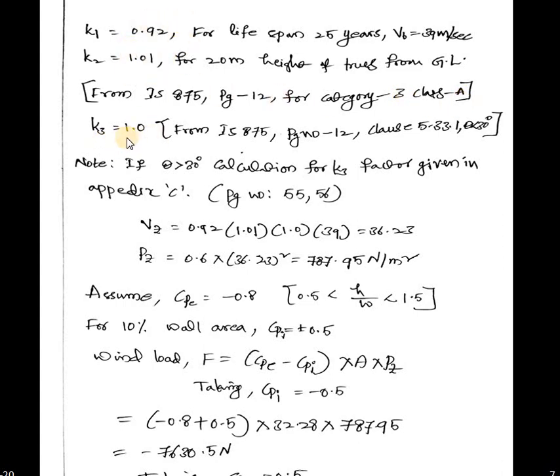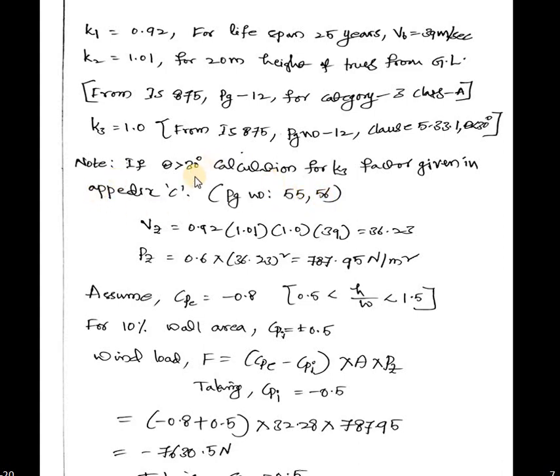Coming to the K3 value, 1, from IS 875 page number 12, clause 5.3.3.1, if theta is less than 30 degrees. Just see here, this is the note. If theta is greater than 30 degrees, the calculation for the K3 factor is given in appendix C, that is page numbers 55 and 56.